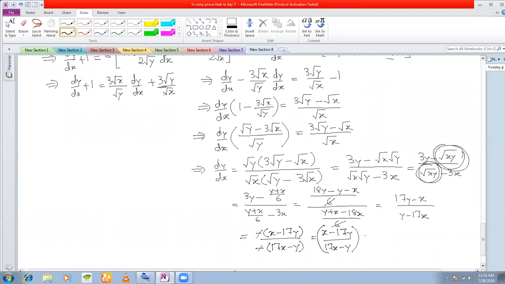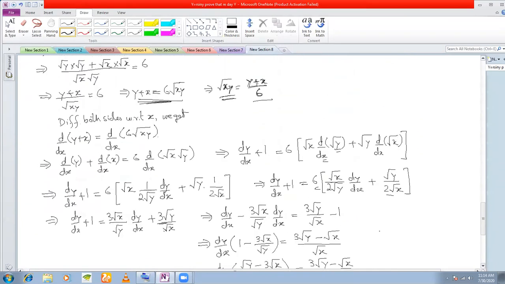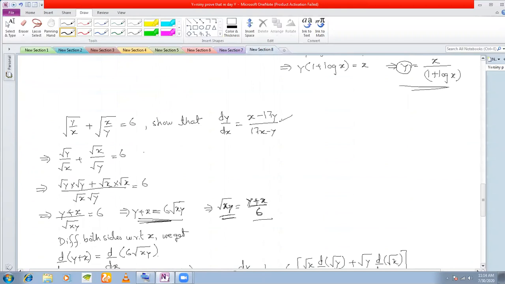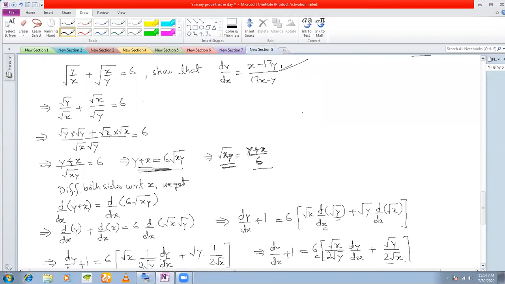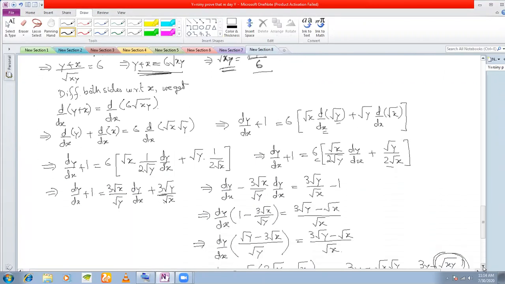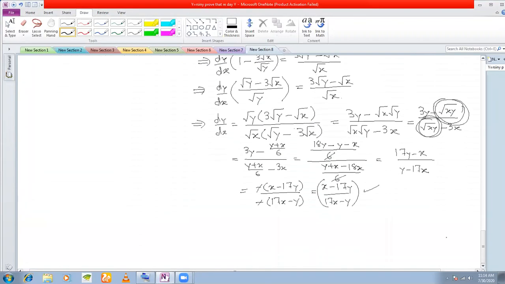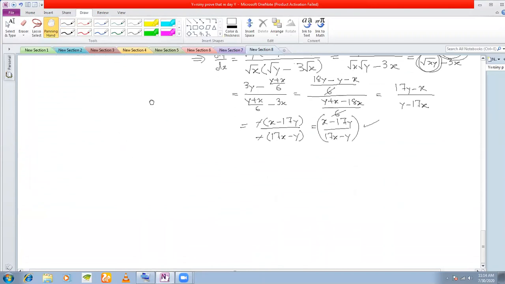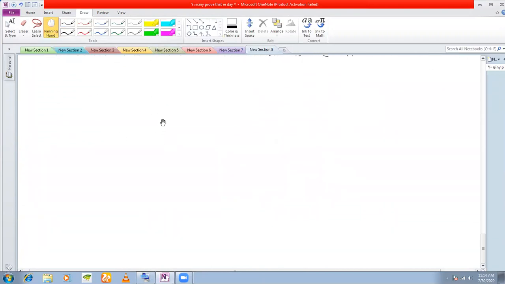What I have got is (x minus 17y) by (17x minus y), and I had to prove dy/dx is equal to (x minus 17y) by (17x minus y). Clear? Okay. Move on to the next one.